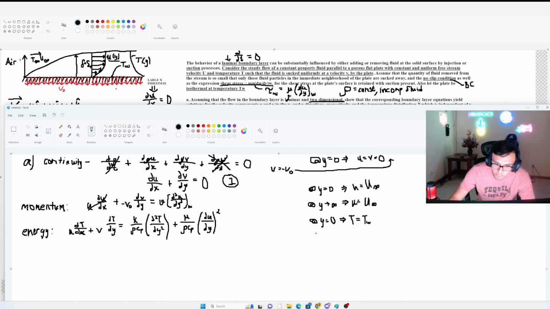And then at y approaching infinity, which means past that boundary layer again, you guessed it. Can you guess it? T is going to be equal to that T infinity, that room temperature. And that's all the boundary conditions. This is the first part of the problem.